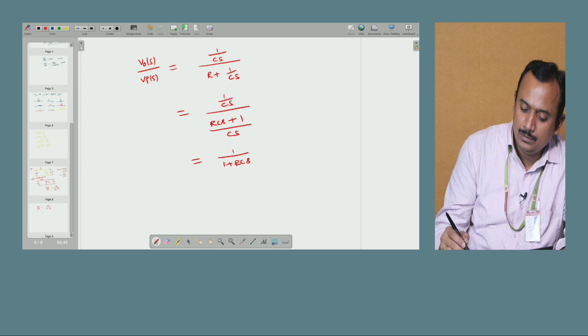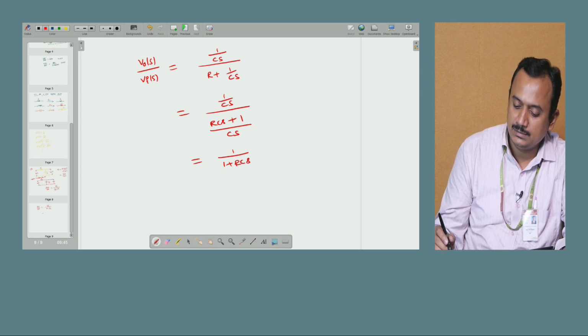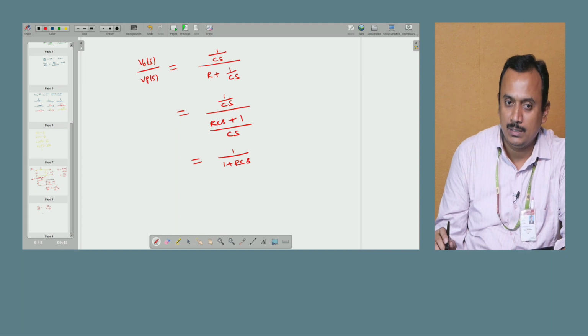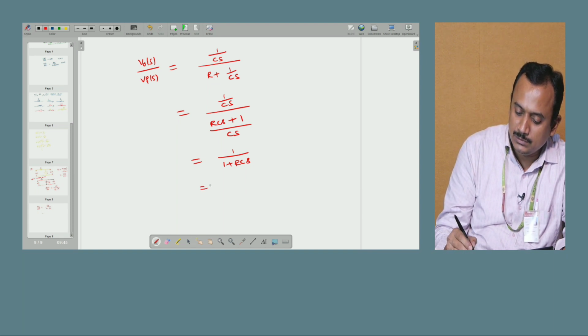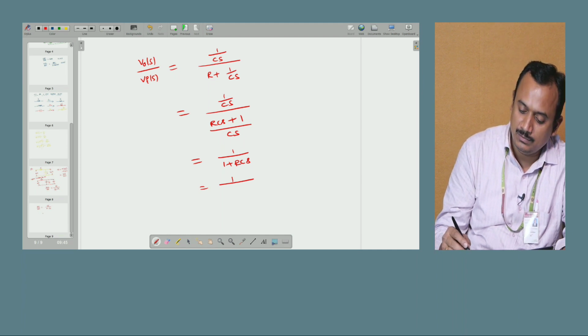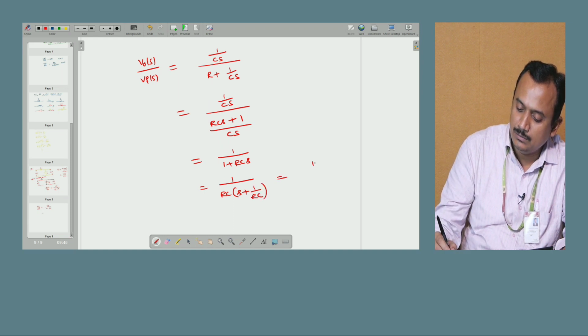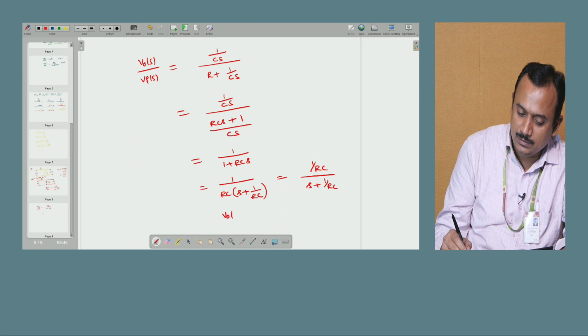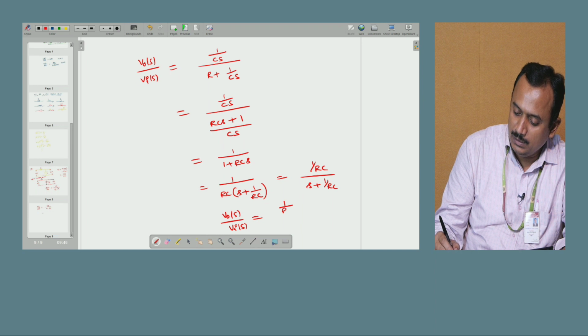To say this is a first order equation, we have only S power 1. So it is a practice to make the S coefficient equal to 1. For that we take RC common, it becomes S plus 1 by RC. Now it is 1 by RC by S plus 1 by RC. Now this V naught of S by Vi of S becomes 1 by RC by S plus 1 by RC.